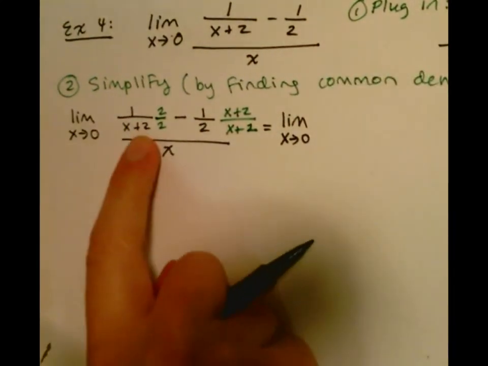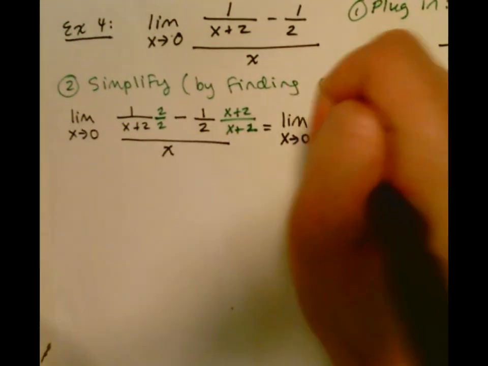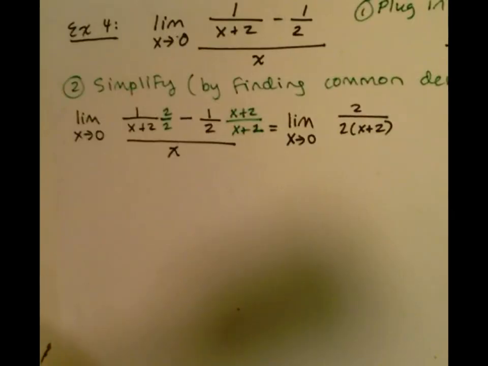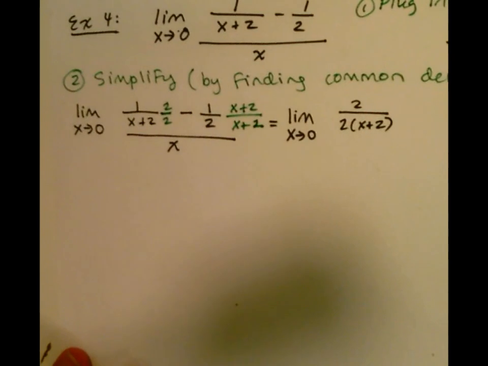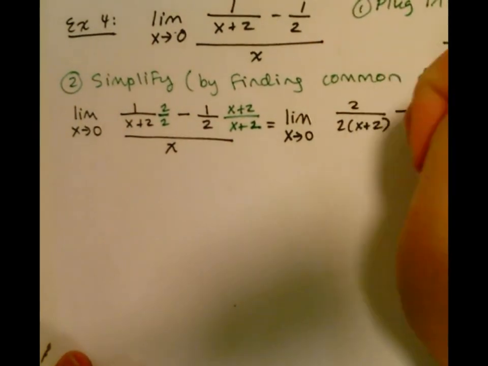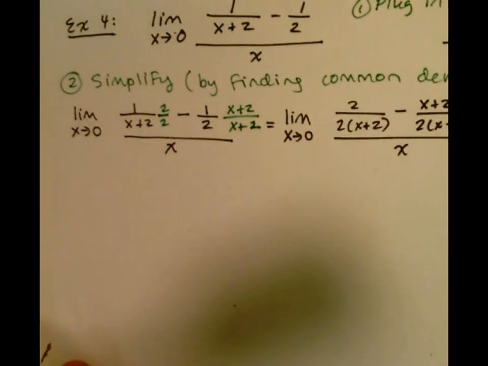Well, in the first fraction, I have 2 over 2 times x plus 2. I'm not going to distribute that 2 in right now because I'm not sure if I need to. I'm going to wait and see what happens. And then with the second one, I should have minus x plus 2 over 2 times x plus 2. And then this is all over that x.